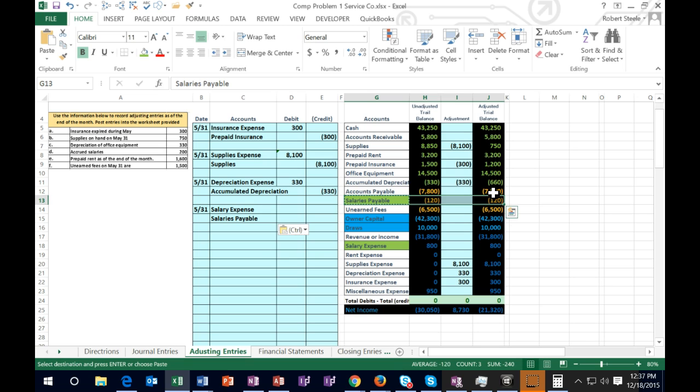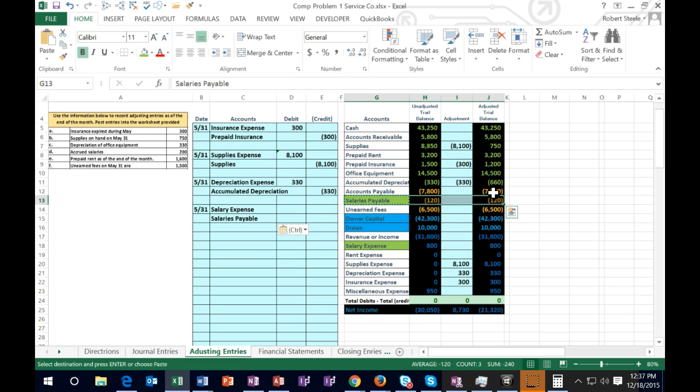So what's the likelihood then of Friday landing on the 31st? It's probably not going to happen, like 1/7. So that means if Friday landed on any other day than the 31st, then we're going to have some days worked for which we have not yet paid the employees.